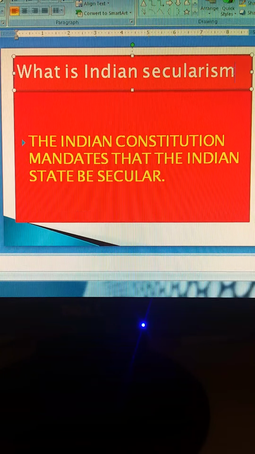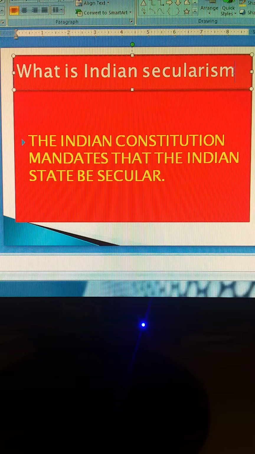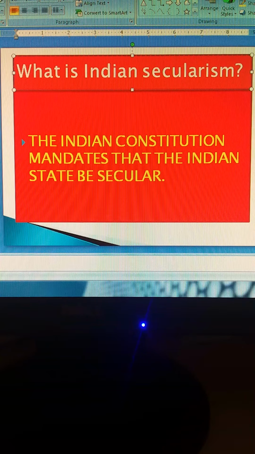So in this chapter, first of all, we are going to read about how the Indian Constitution mandates the Indian state to be secular, and according to the Constitution, only a secular state can realize its objectives to ensure the following.